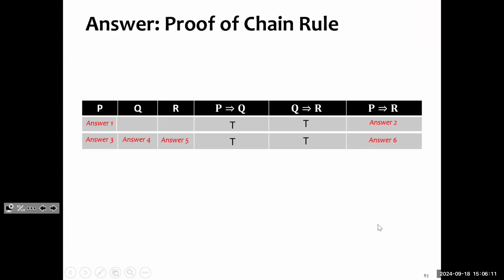So this one I was also still thinking it's true. If P is true, that makes Q true, which also makes R true. We have P implies Q is true and Q implies R is true.